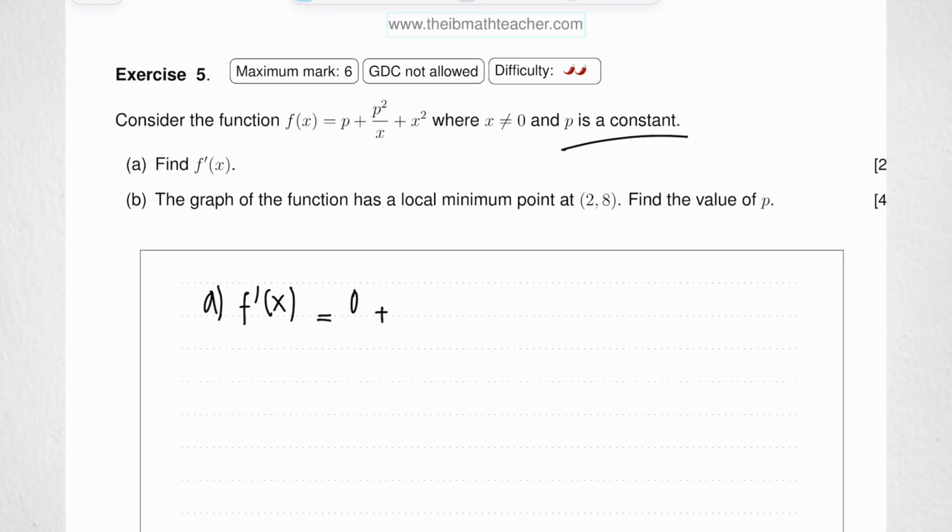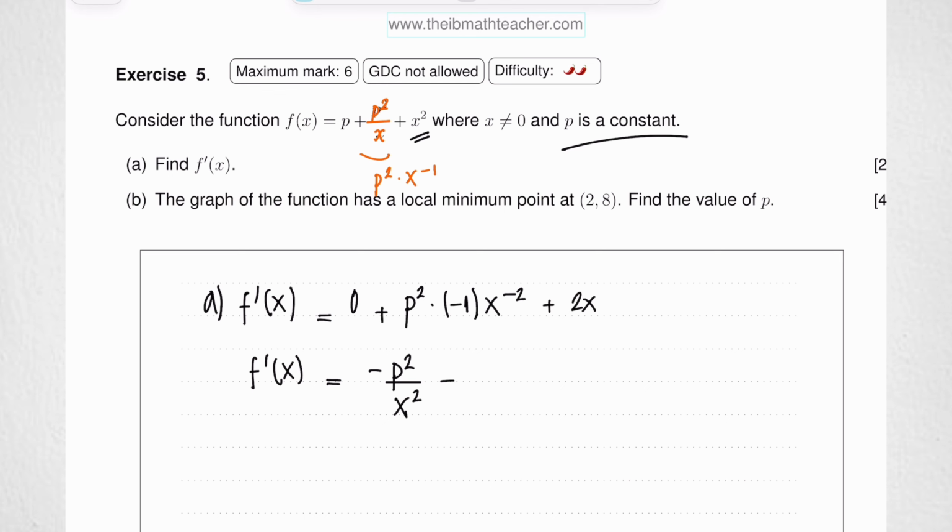However, if you have a product, or in this case you have p squared over x, which can be rewritten as p squared times x to the negative 1, this constant does stay there, and we differentiate x to the negative 1 using the power rule, so negative 1, x to the negative 2, plus now the derivative of x squared, which is 2x. Now f prime of x can be rewritten as negative p squared over x squared, which is x to the negative 2, plus 2x. So question A is done.